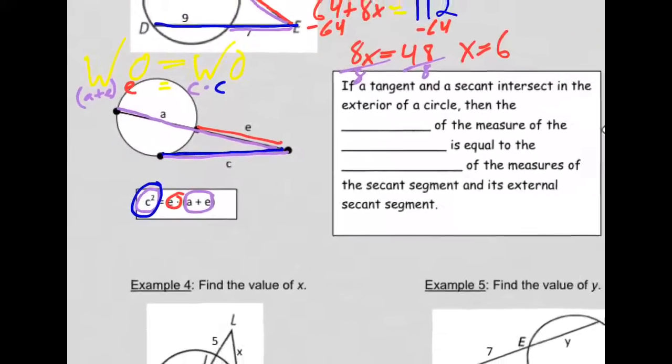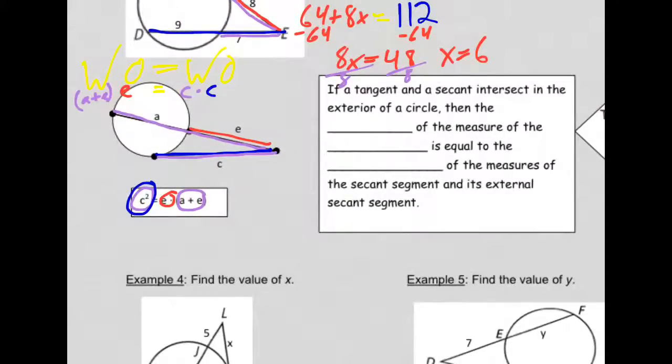All right? If a tangent and a secant intersect in the exterior of a circle, then the square of the measure of the tangent is equal to the product of the measures of the secant segment and its external secant segment.